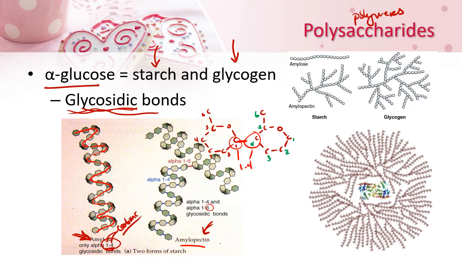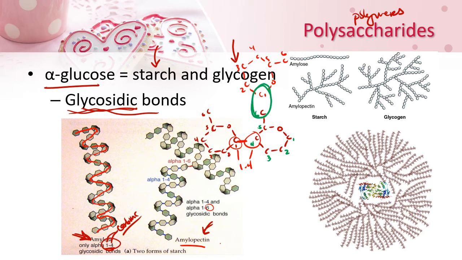So I'm going to take carbon number 1, which is now down here on the bottom. Here's carbon number 1, 2, 3, 4, 5, 6. So another alpha glucose monomer, I just twisted it around a little bit. And now we're going to form a bond between carbon number 1 and carbon number 6.